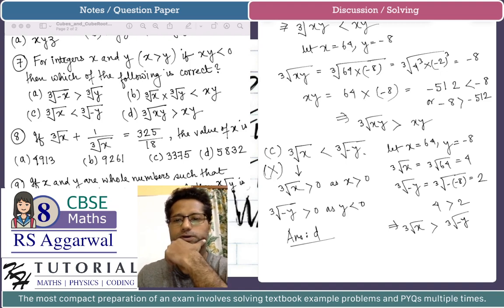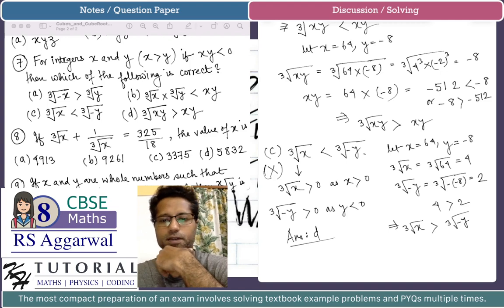Now why? I will now explain why choice D is correct, that is, cube root of xy is greater than xy, where we know that y is less than 0 and x is greater than 0.